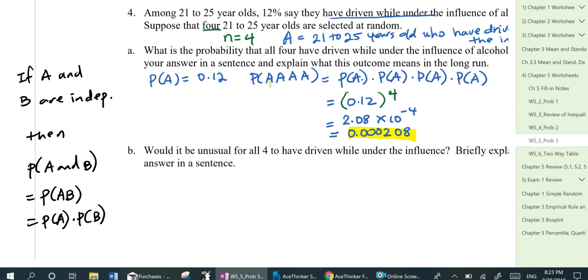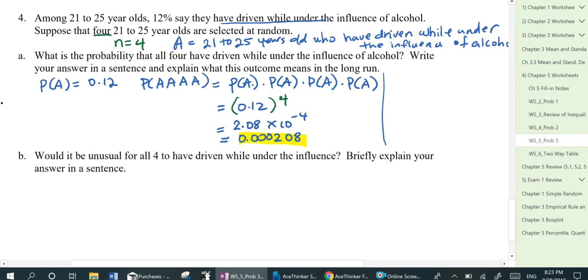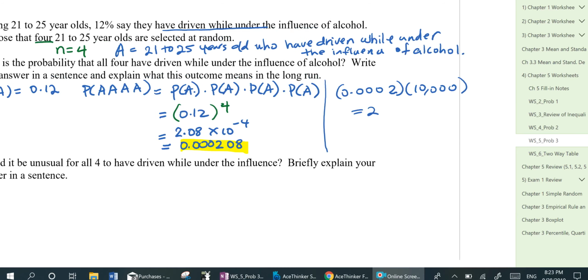I say the probability that all 4 have driven while under the influence of alcohol is 0.000208. Or in other words, what that means is, if I would multiply the whole thing by 10,000, let me write. So what that means is, if I would randomly select 10,000 people, sample 10,000 people, I can expect that 2 of them will say that they have driven while under the influence of alcohol.